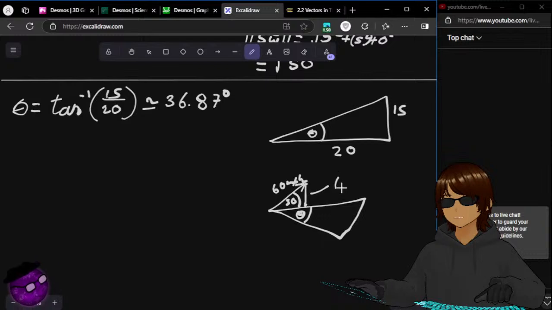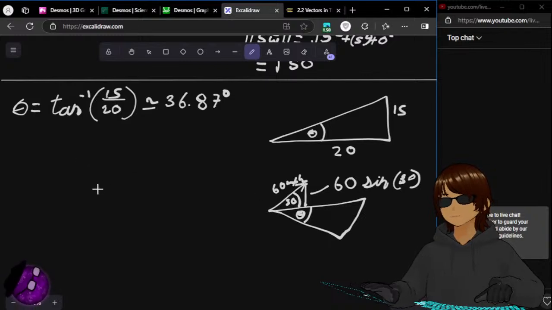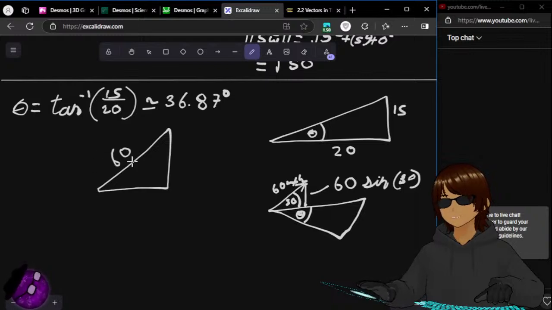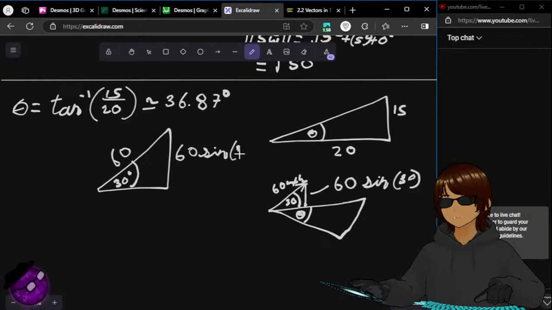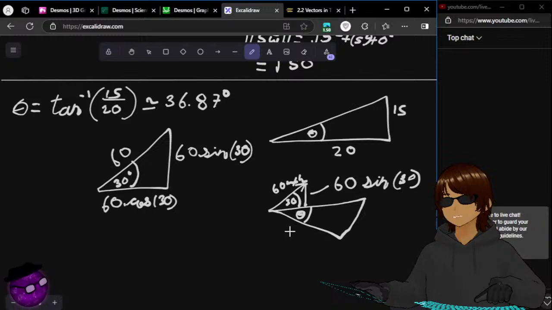And then this here is 60 sine 30. And then this here is 60 cos 30. We got the z direction. Now we need the x and the y direction.